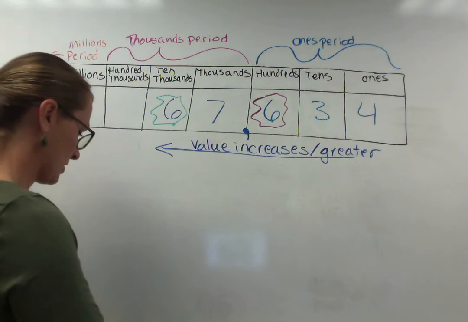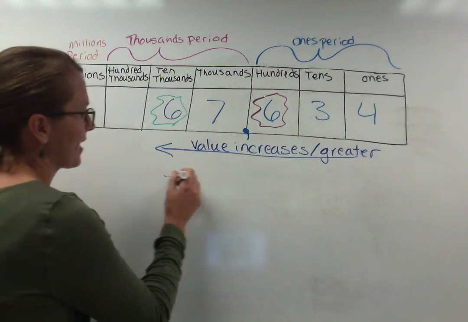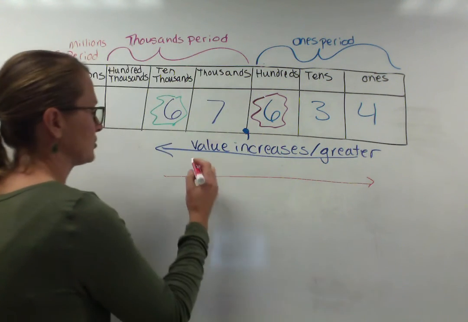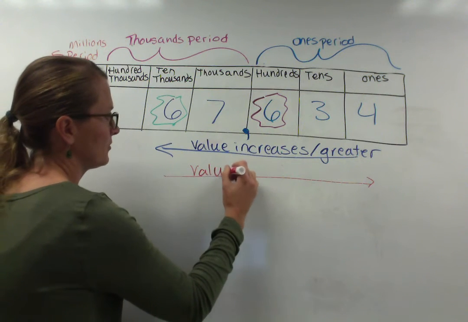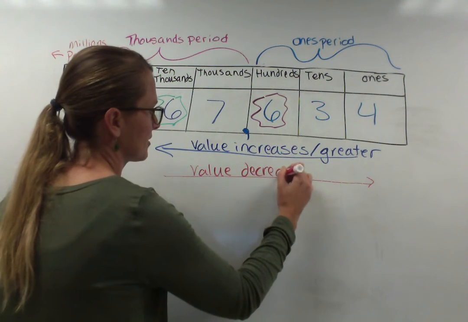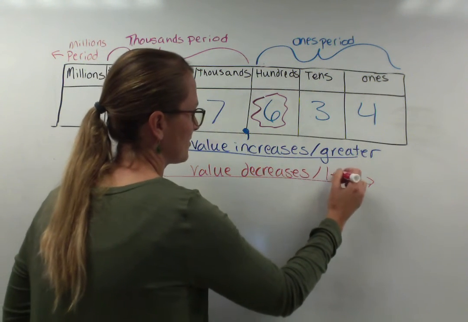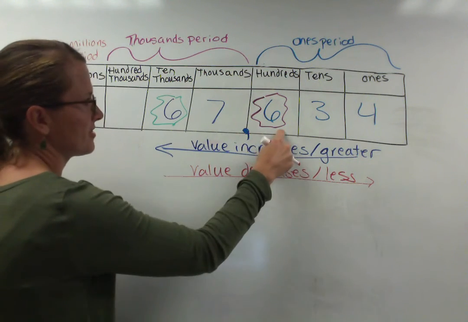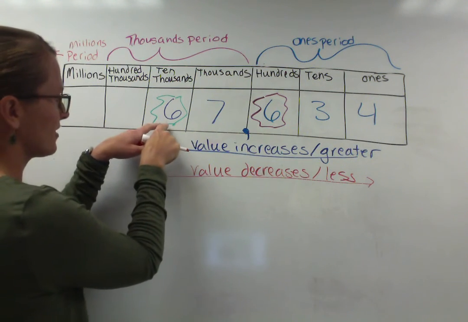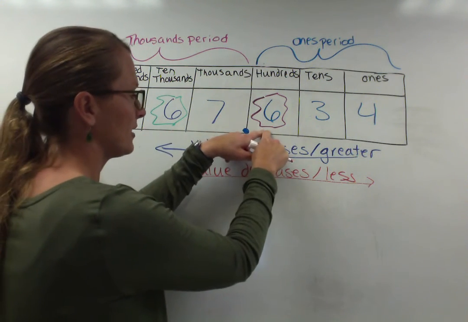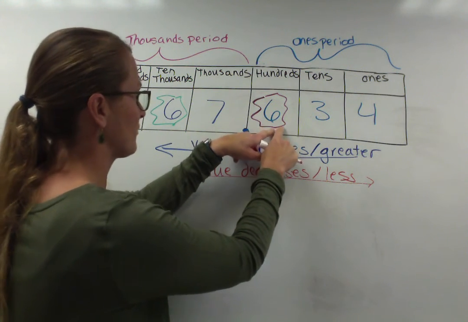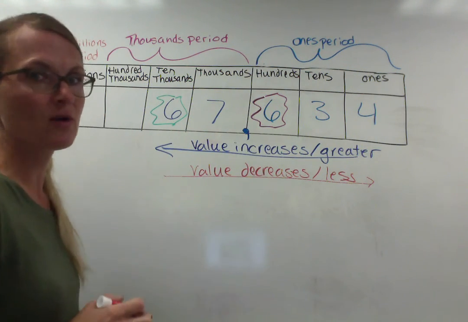As you go this way on your place value chart, the value decreases, or becomes less. So this 6 is less than this one. If this 6 moves from here to here, it is worth less. But if it moves from here to here, it's going to be worth more.